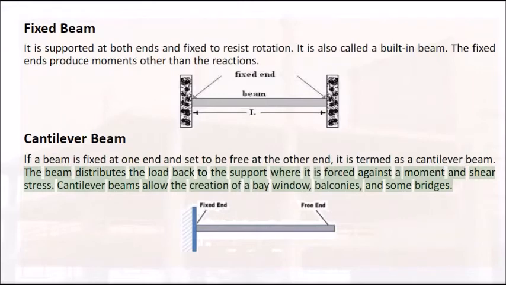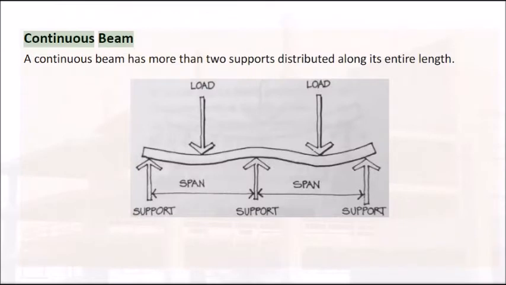The beam distributes the load back to the support, where it is resisted by moment and shear stress. Cantilever beams allow the creation of awnings, windows, balconies, and some bridges. Continuous beam. A continuous beam has more than two supports distributed along its entire length.